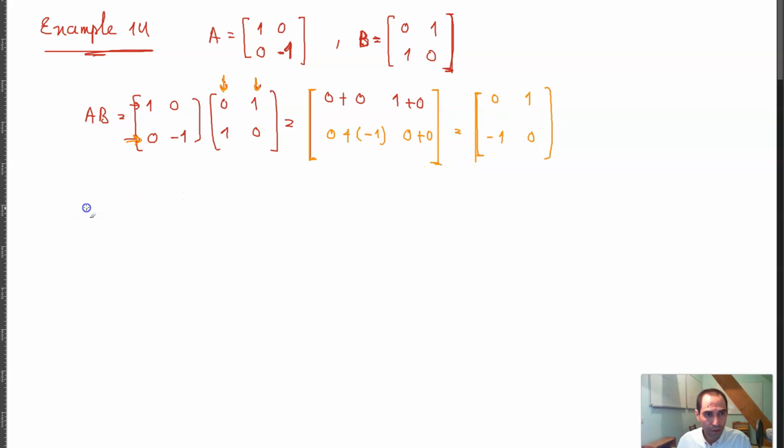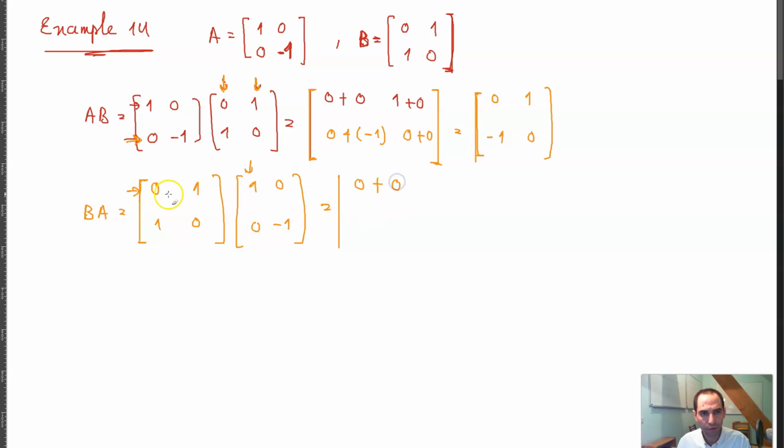And B times A is equal to 0, 1, 1, 0 times 1, 0, 0, negative 1, and then if you start with these, you will get 0 times 1 is equal to 0, and 1 times 0 is equal to 0.